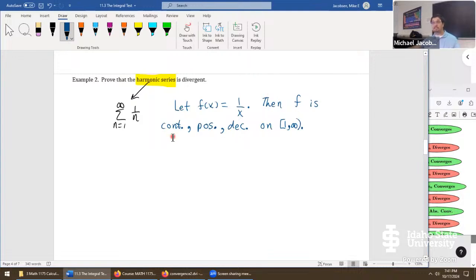And the reason it is, you'd be surprised. You can look at a function and define it this way. When you go to actually write out it's continuous, your subconscious is thinking about it. When you go to say positive, decreasing, your subconscious is thinking about those as well. You might realize that, hang on, I'm not sure if that's actually true now that I've said that. Maybe there's a problem with continuity.